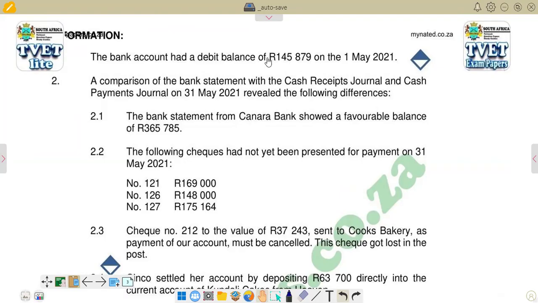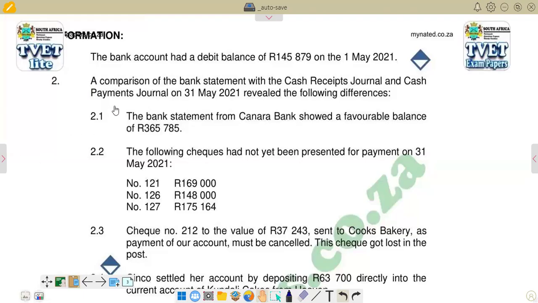What does it mean? If it is a debit balance, it means it's a negative balance. Also take note that what we have on the debit side of the bank statement is the same as what we have on the credit side of the cash book. What is on the debit side of the bank statement represents the cash payments journal, and what we have on the credit side of the bank statement represents the cash receipts journal. So when we are reconciling, take note of that.